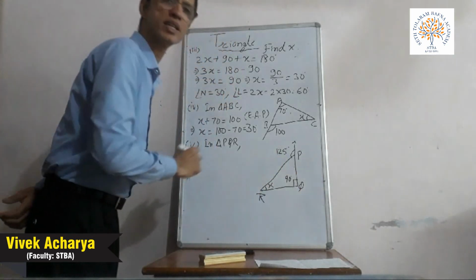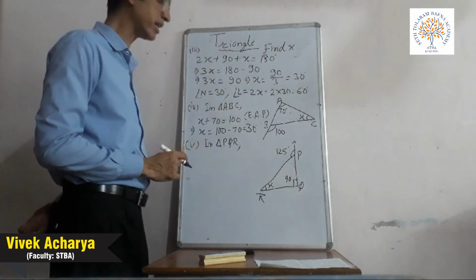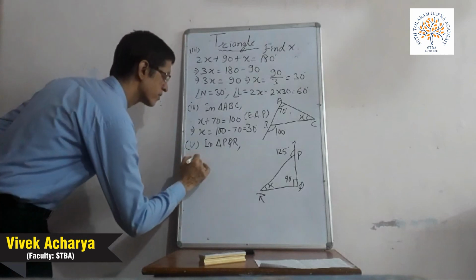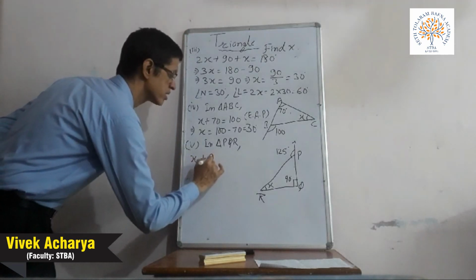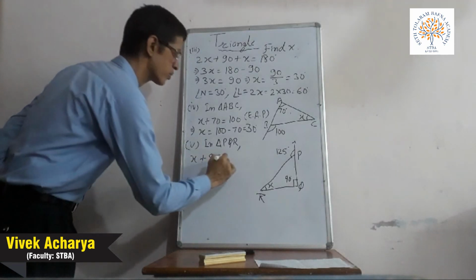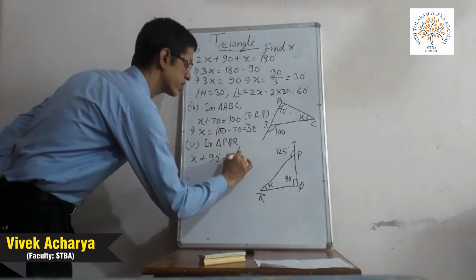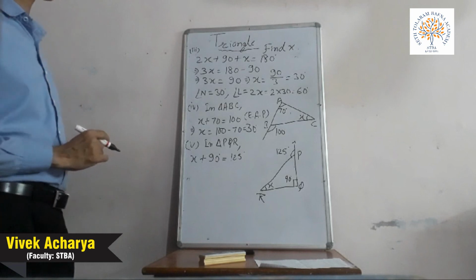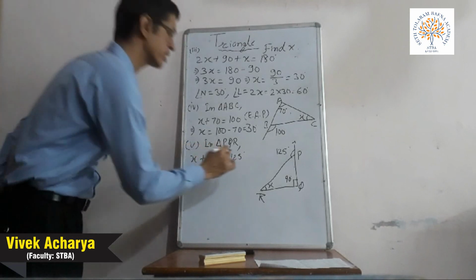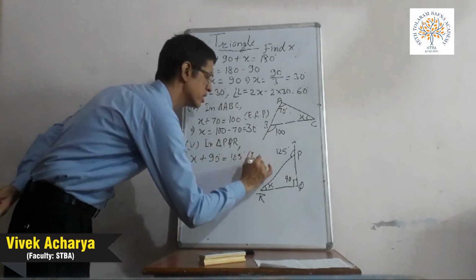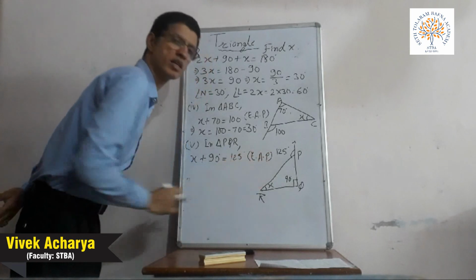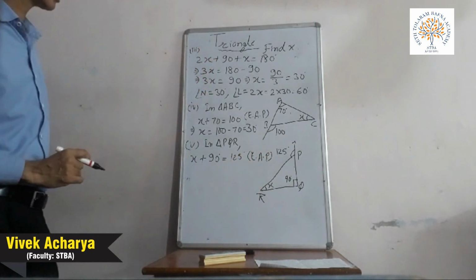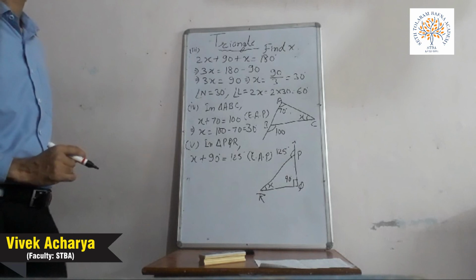As I told you, the symbol shows it is 90 degrees. So X plus 90 equals 125 degrees using the exterior angle property.